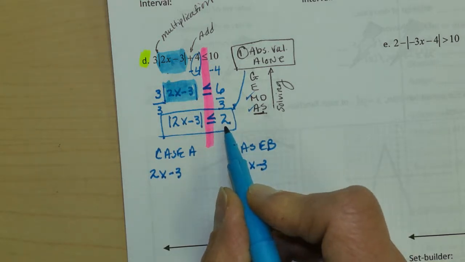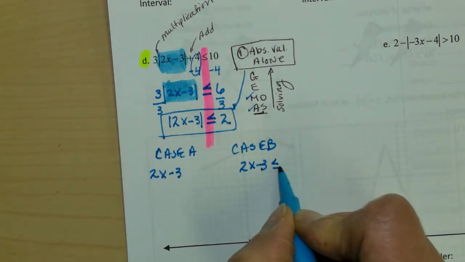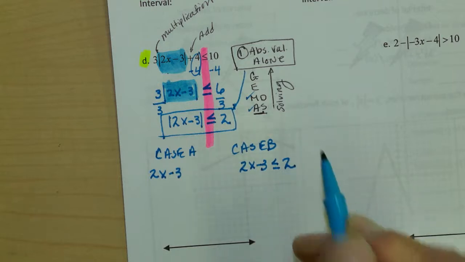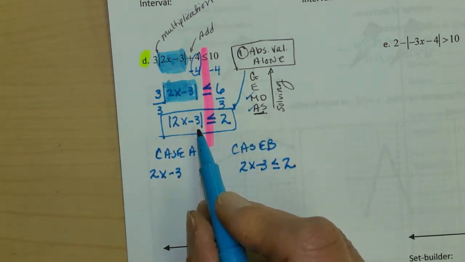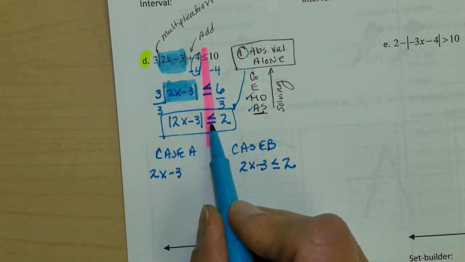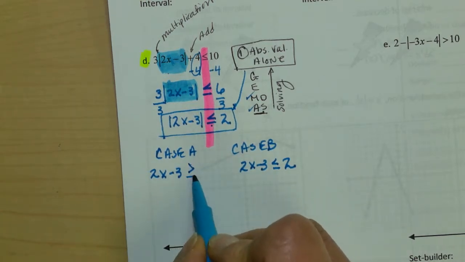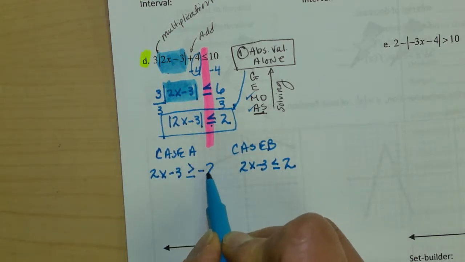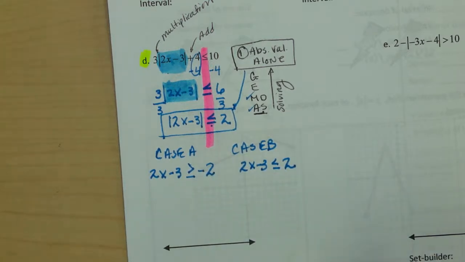I like putting what I see here on my case B side. It doesn't matter. Notice this is exactly like this without the absolute value. But on this one I have to flip my inequality because I've just changed my sign.